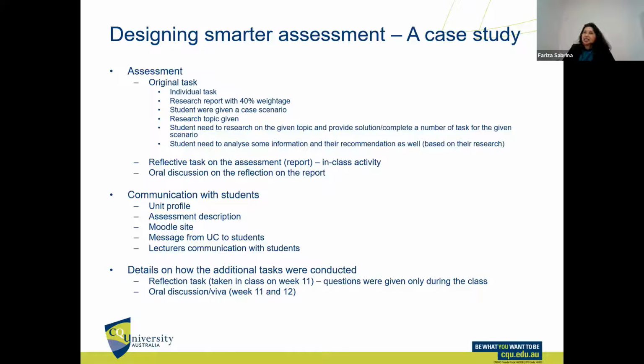In the literature, it says that a reflective task is one way to reduce contract cheating cases. But if we incorporate it in the report and the assessment was outsourced, the ghostwriter might even write the reflective task as well. So we had to think of how to avoid that. We came up with the idea of having the reflective task as an in-class activity.